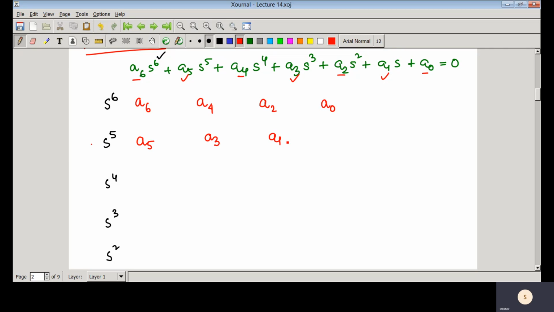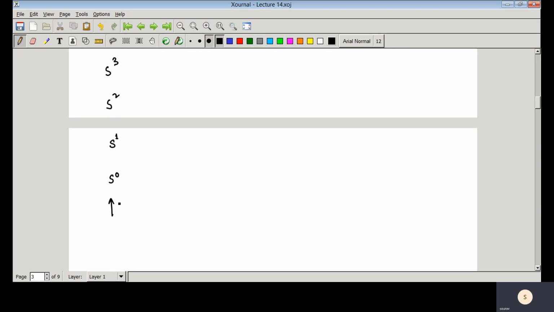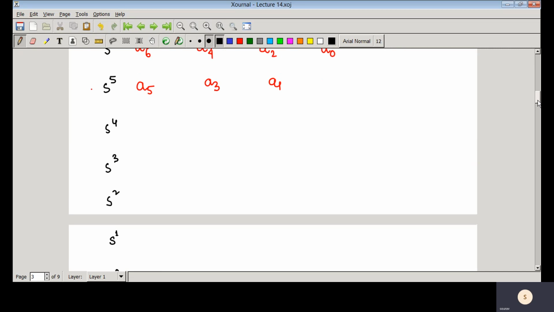In the first step we write this particular column, and these are all for identification purposes.